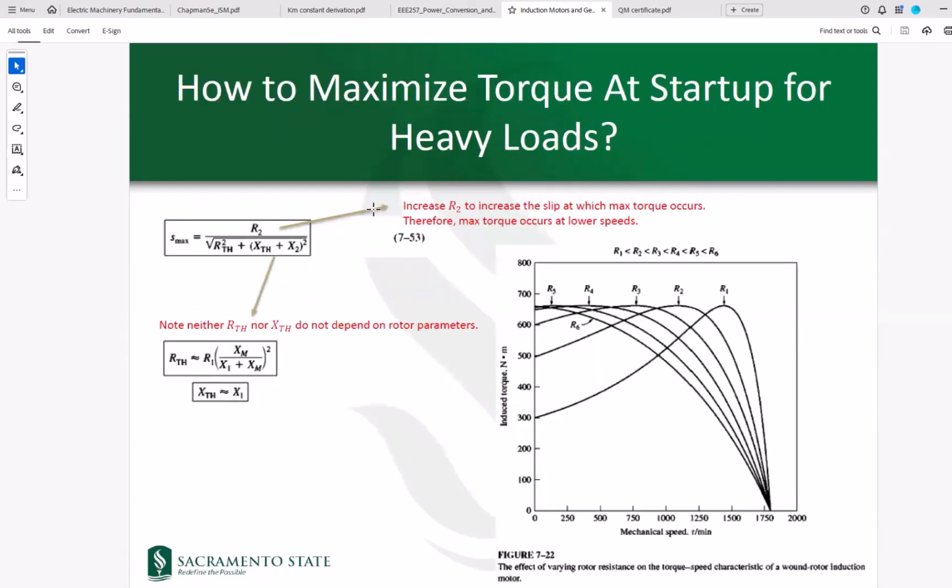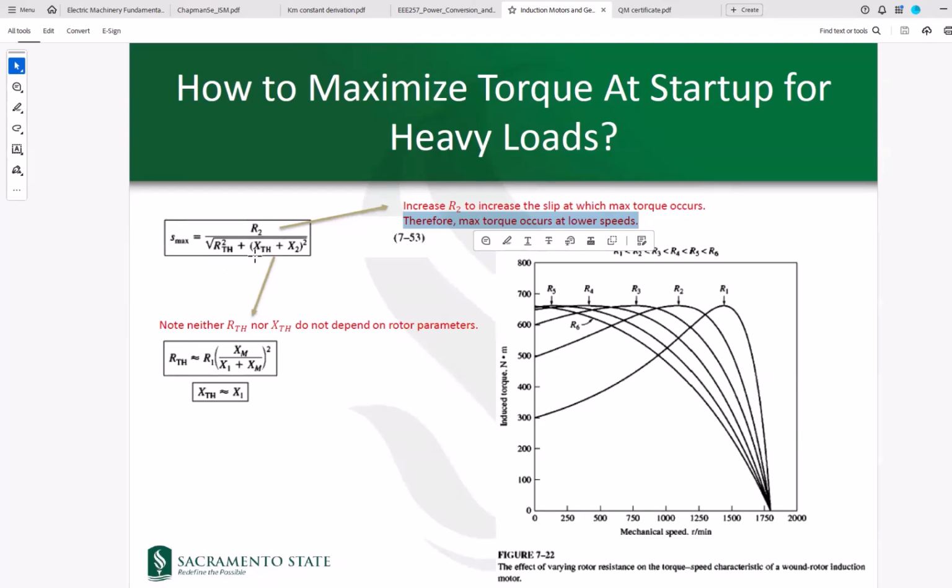So therefore, increasing R2 to increase the slip at which the maximum torque occurs can be the answer. Therefore, maximum torque occurs at lower speeds when you put that R2 value to be as big as possible. Now, what was R2? That is the rotor's resistance.